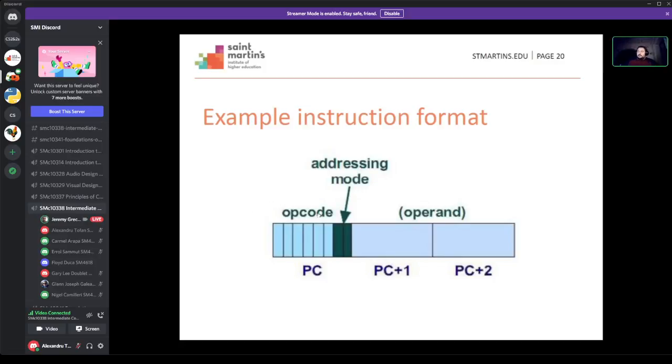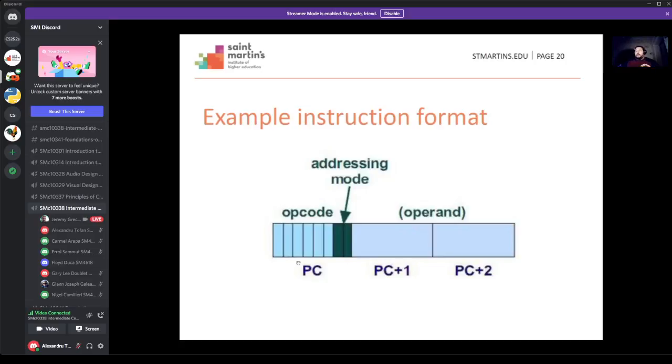Notice that our program counter needs only point to the byte which stores our opcode. Let's say we have an instruction which is this long.